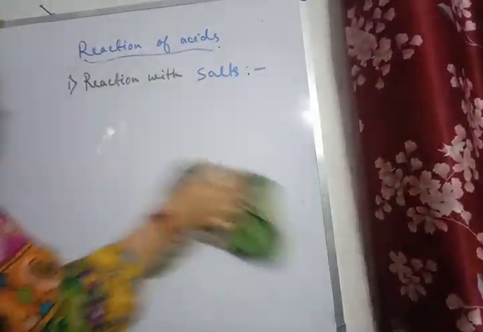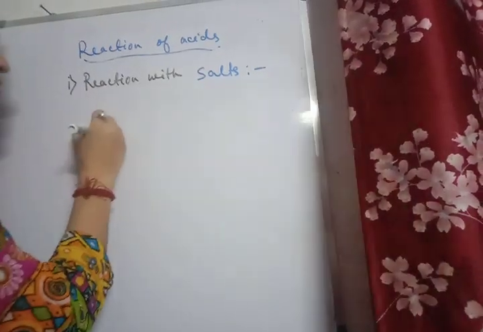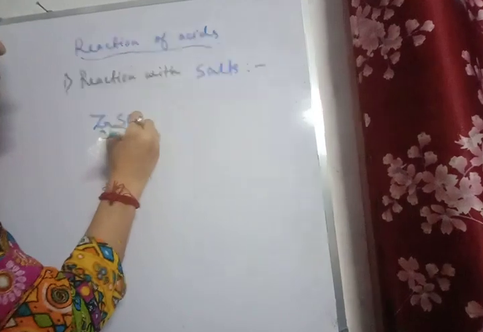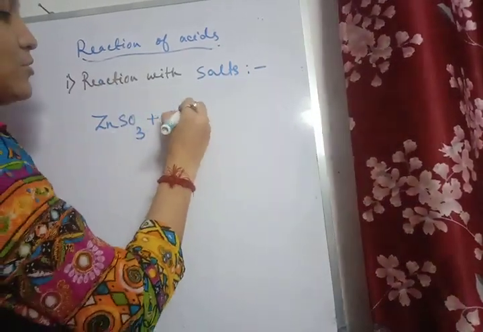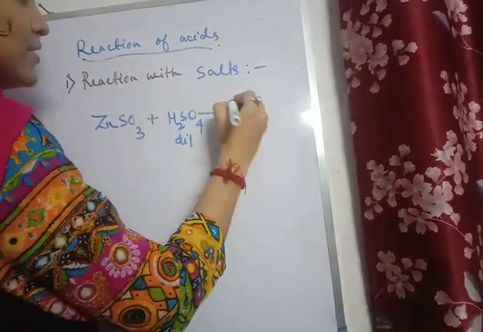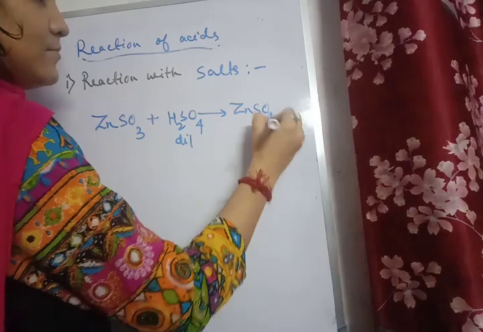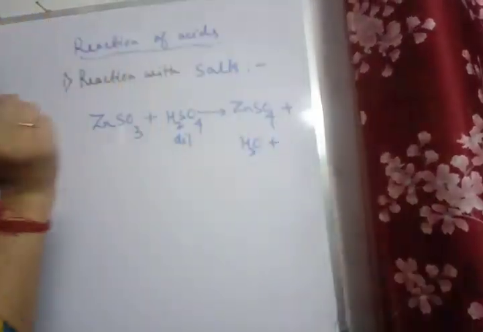Next, sulfite salt. Zinc sulfite plus dilute H2SO4. The contents are heated. We get salt and water. In case of carbonate, we got carbon dioxide gas.